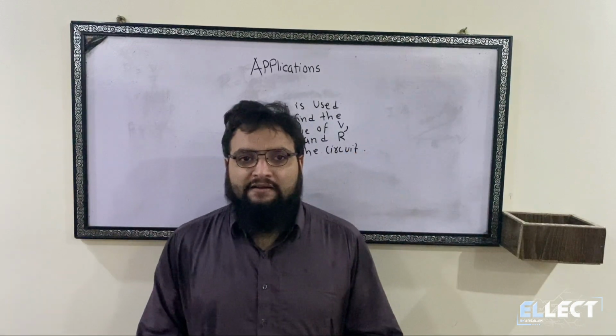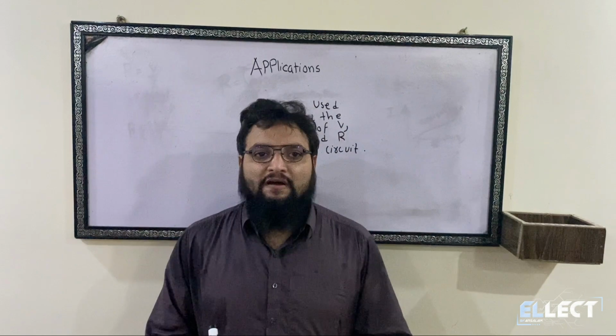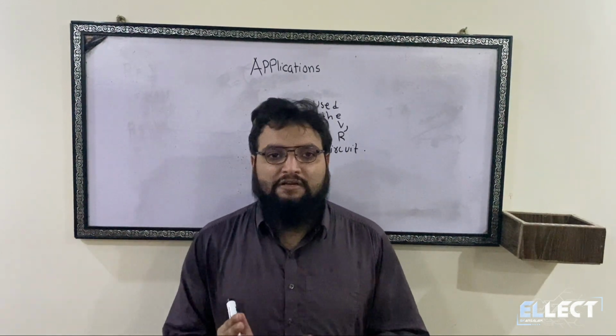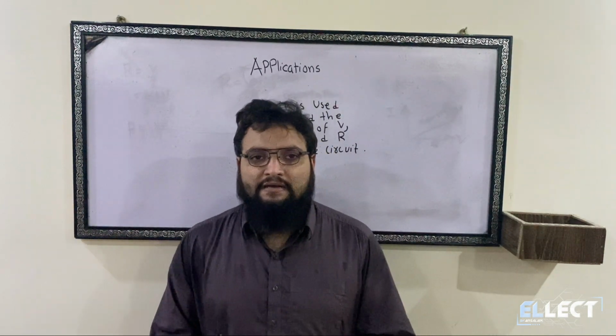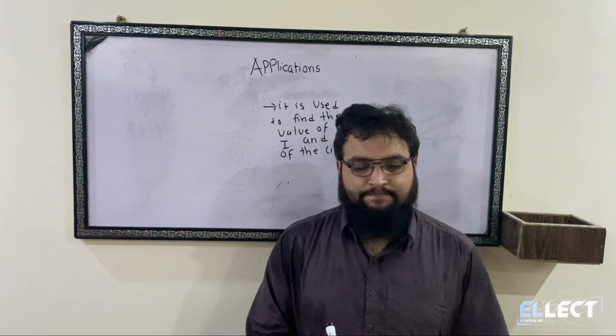It means that if two of these values are given, we can find the undetermined value which is not defined, or we have to find the undefined value from these values.